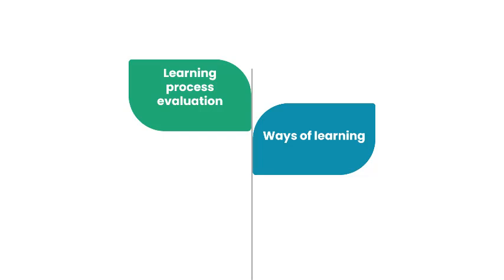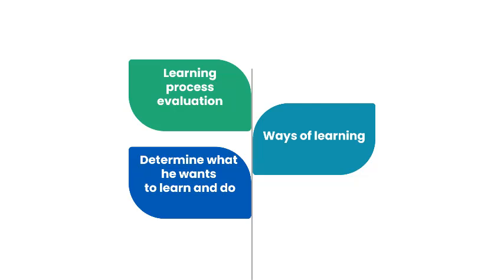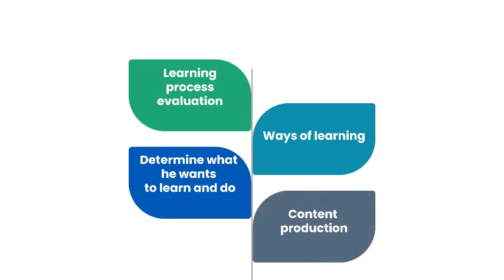Is it through projects? Is it through discussion and other activities? And to determine what they want to learn and do in the next sessions, for example, and also to engage students in content production and material creation for the next lesson.